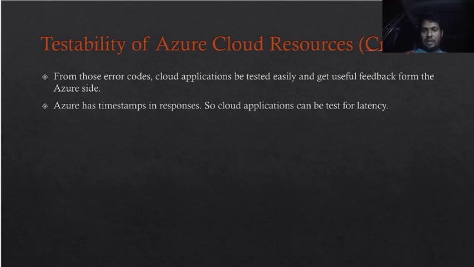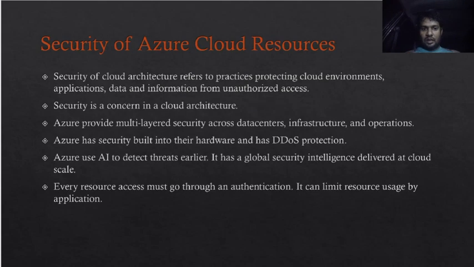an idea about the latency. Security of cloud resources is a great concern. It's about protecting cloud environment, applications, and data from unauthorized access. Azure provides multi-layer security across data centers, infrastructure, and operations.